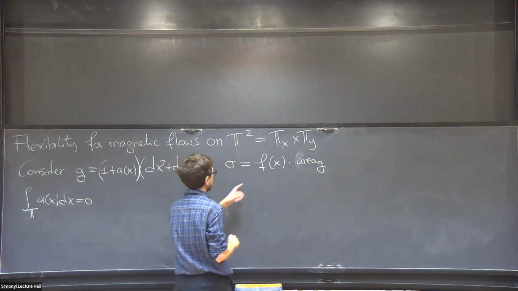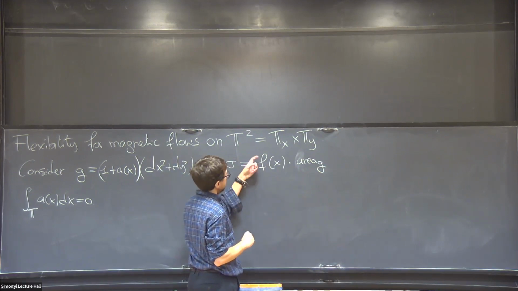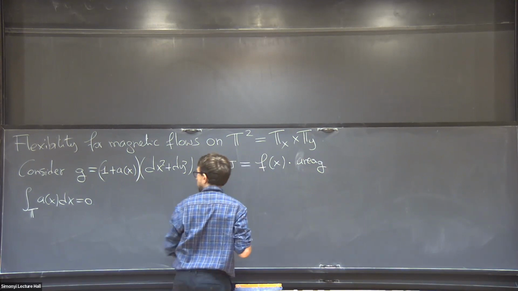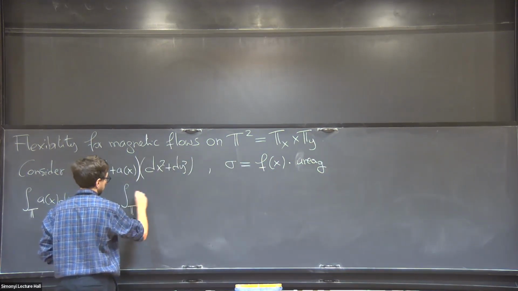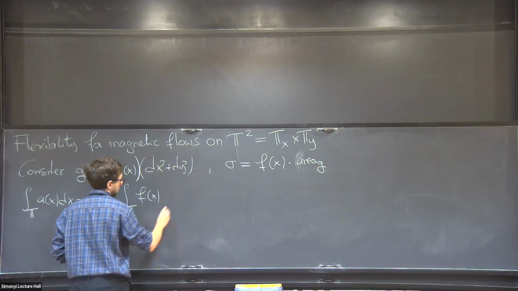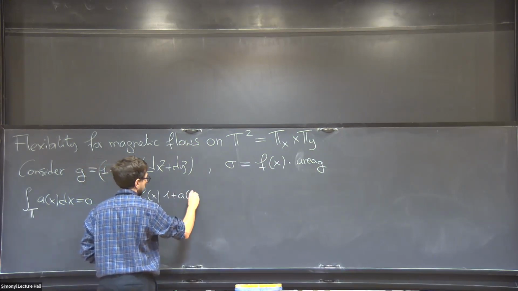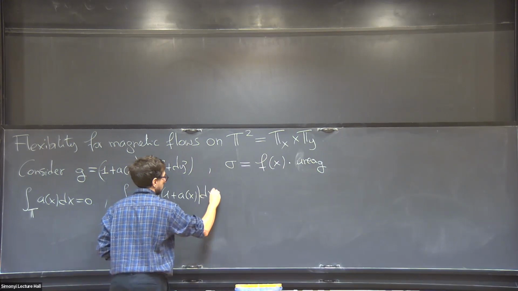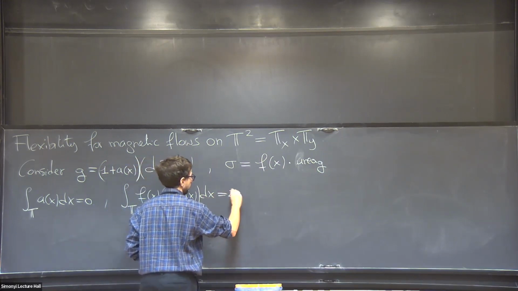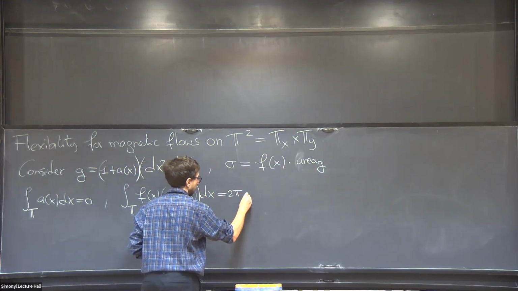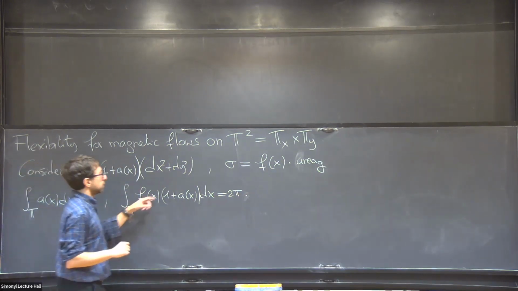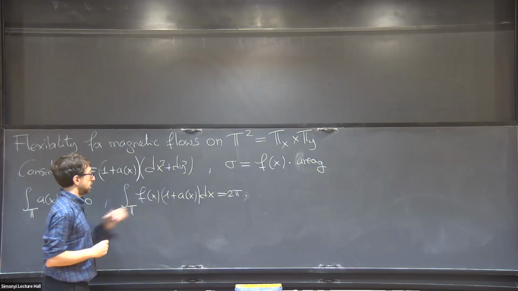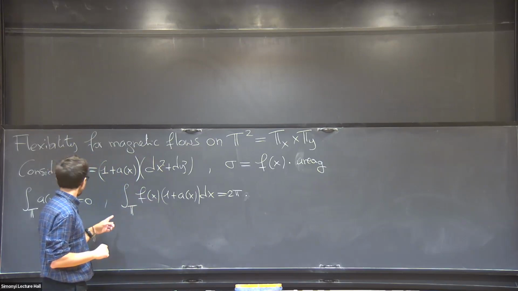And also here you want to make some normalization that fixes this up to scaling. The normalization that you can make here is just to ask that the integral of F(X) times (1 plus A(X)) dX is fixed. It is basically a relative cousin of the integral of sigma. That's why it's natural to make this normalization.